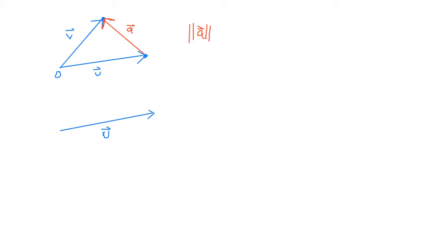What I'm trying to do is establish why the distance, the length of vector A, is equal to the length of the difference between the vectors u and v.